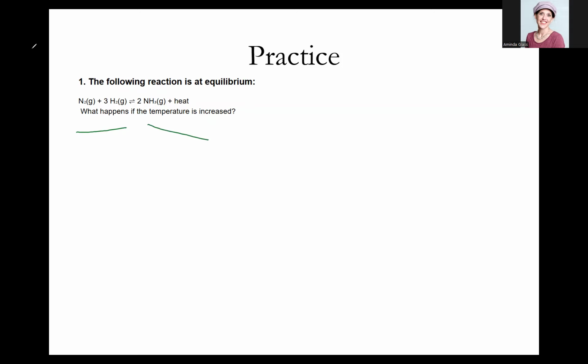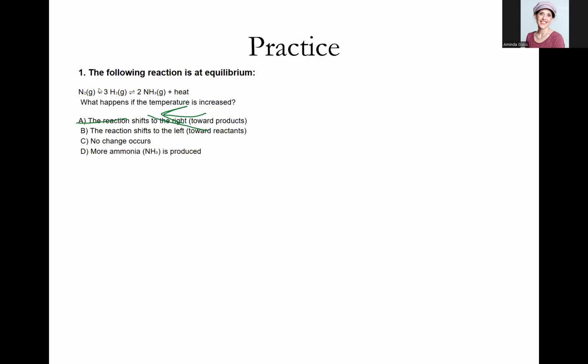The product side is going to be heavier. So which way is it going to be pushed in order to balance that out again? The push to the left. So that would be B. The reaction shifts to the left.